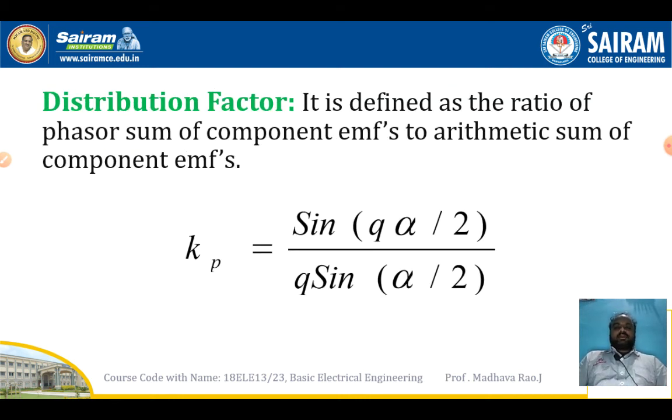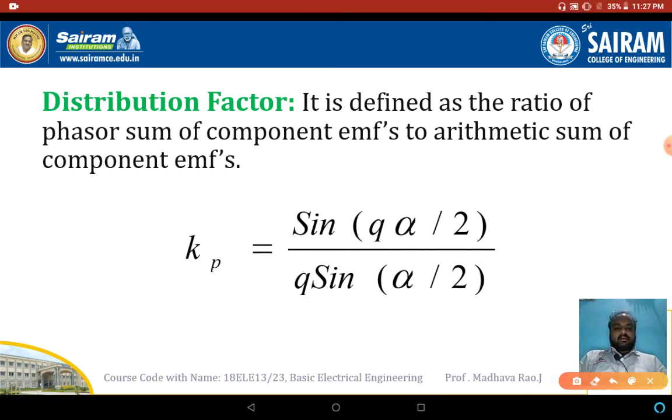Coming to the distribution factor, it is denoted with Kd. It is defined as the ratio of the phasor sum of component EMFs to the arithmetic sum of component EMFs. Kd equals sine of q alpha by 2 divided by q sine alpha by 2, where q is the number of slots per pole per phase, generally written as n by 3.